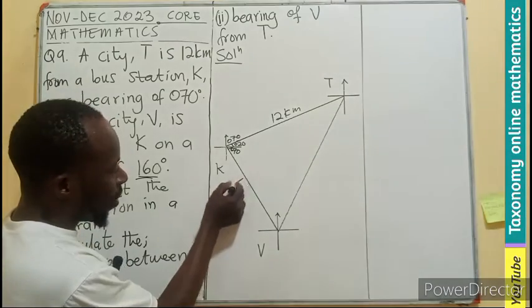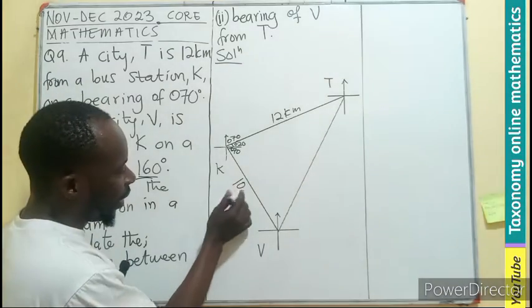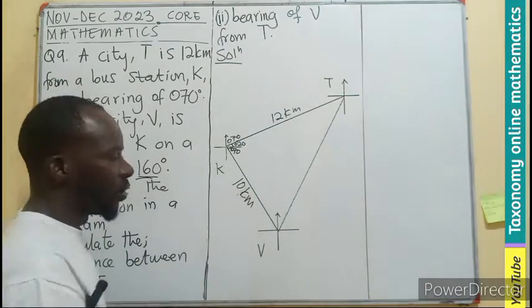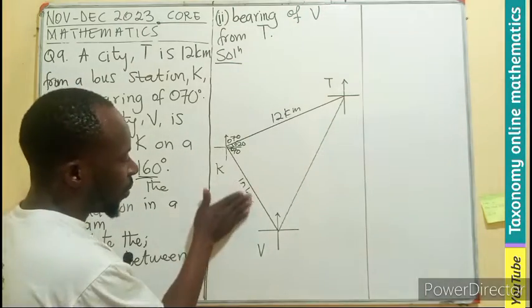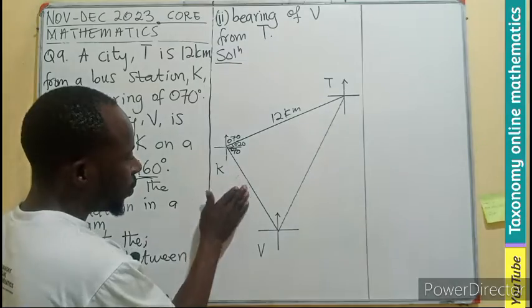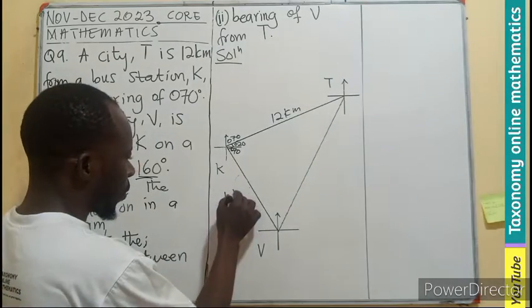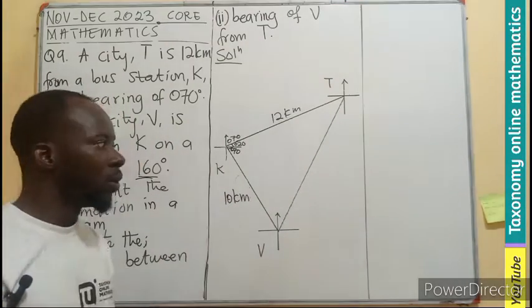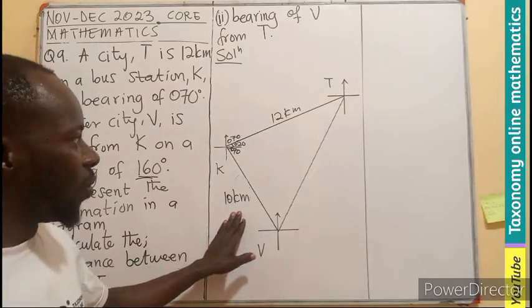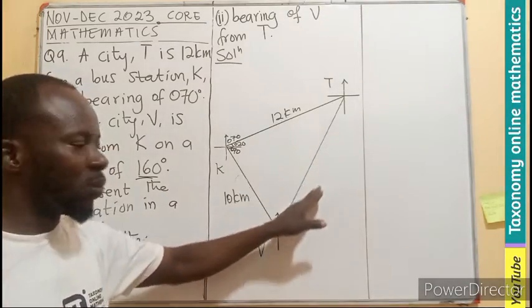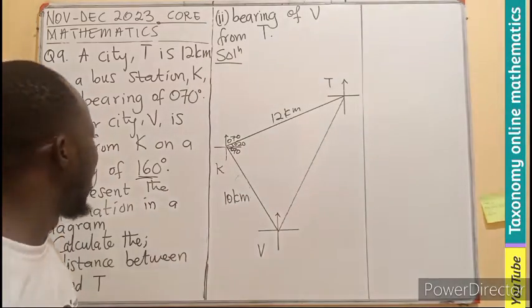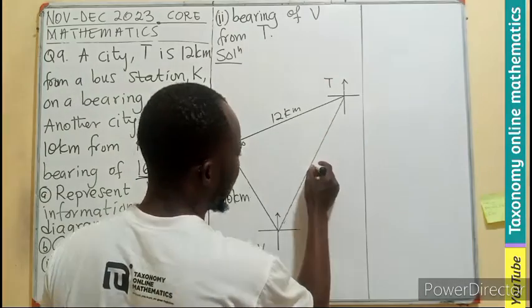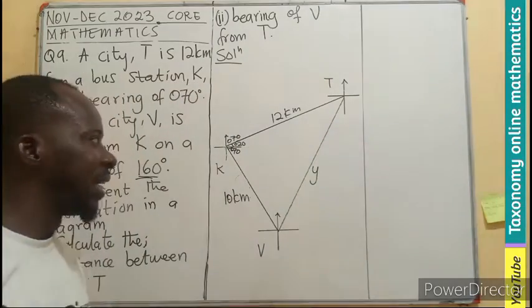Let me indicate here also as 10 kilometers. So this is also, let me write it well. So this is the 10 kilometers, 12 kilometers. This is what we don't know, so we can use any variable. Let's use variable y to represent that.